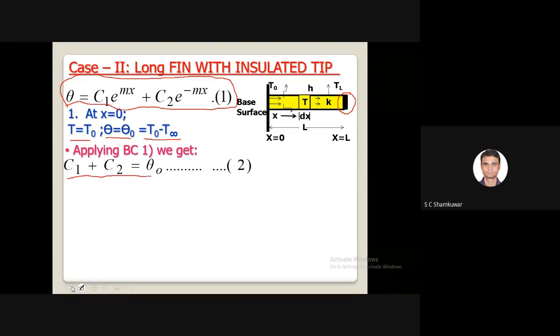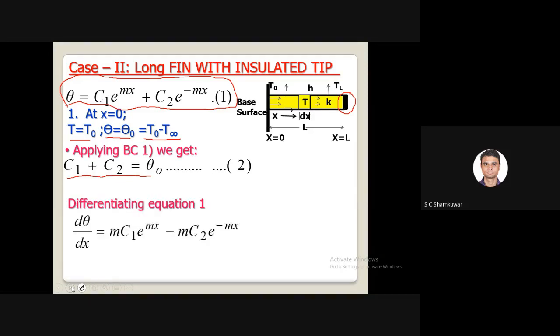Now what will be the second boundary condition? To get it, first differentiate theta with respect to x, so d theta by dx is equal to this one, which we have seen. At x is equal to L, as Q is equal to 0, d theta by dx is equal to 0.